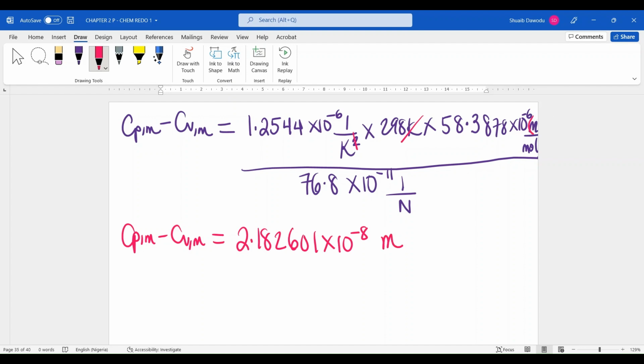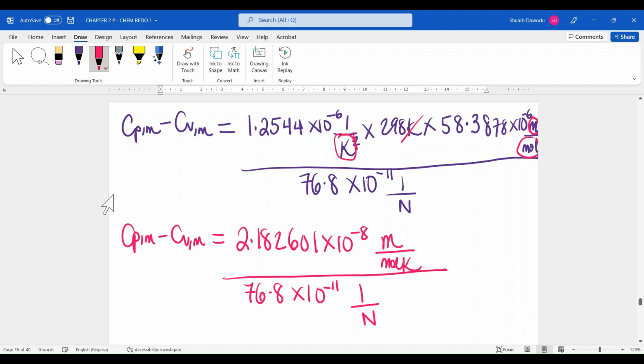Let's not forget the meter here. Let's not forget the mole. Let's not forget the Kelvin. So that would be meter per mole Kelvin divided by everything in the denominator, which is just 76.8 times 10 to the power of negative 11, and then 1 over Newton as the unit.